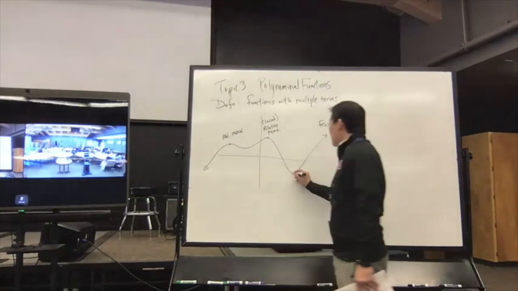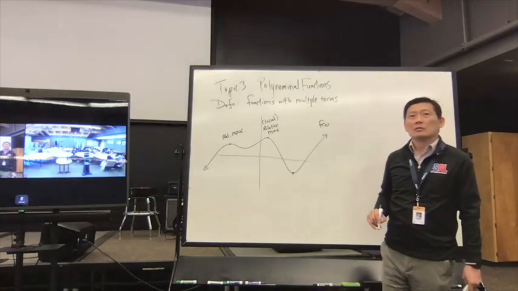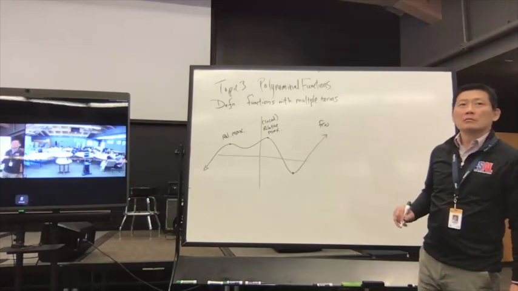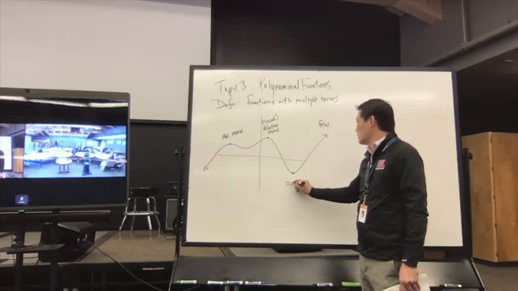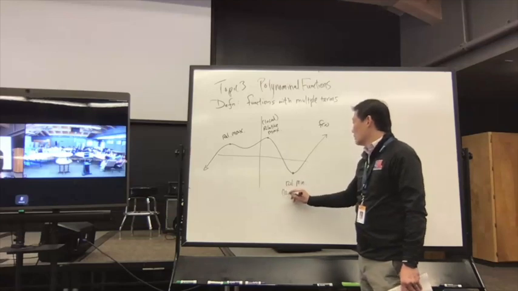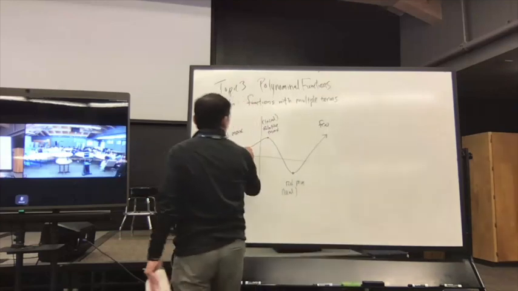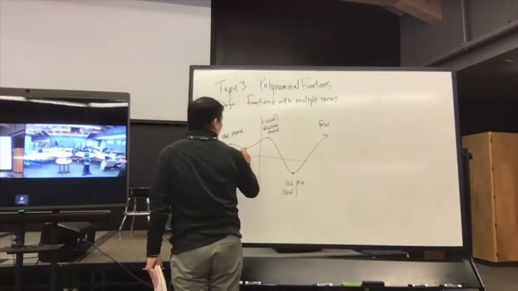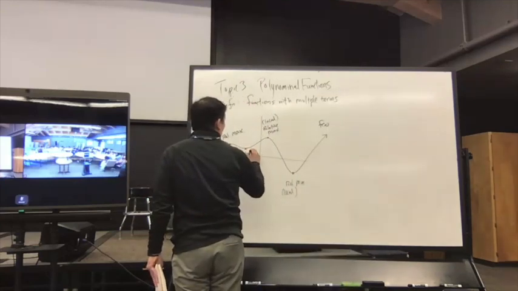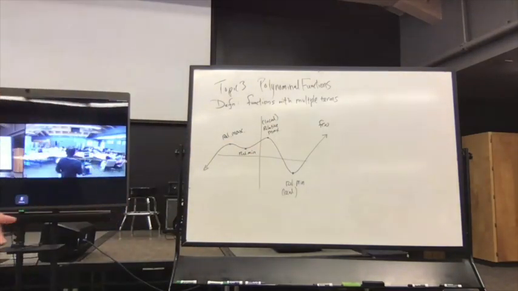Now, what do you think this point is? That's right, relative minimum. Relative minimum, or local minimum. And same thing over here, we have another relative minimum. Does this graph have an absolute maximum?